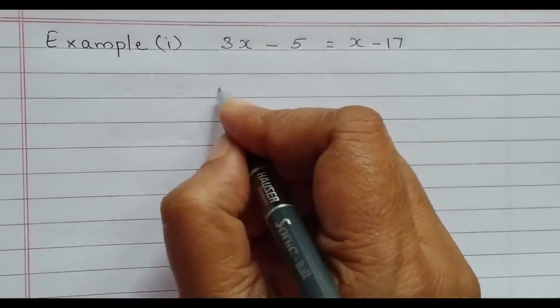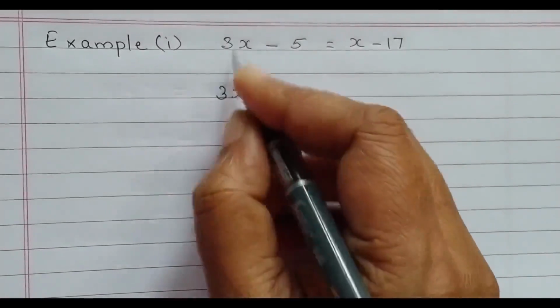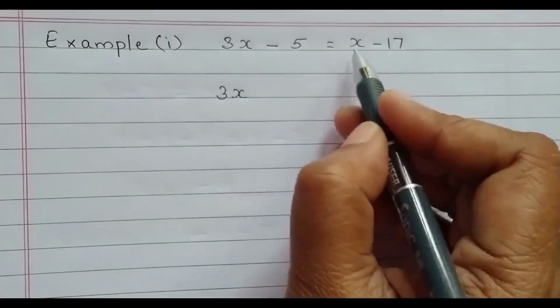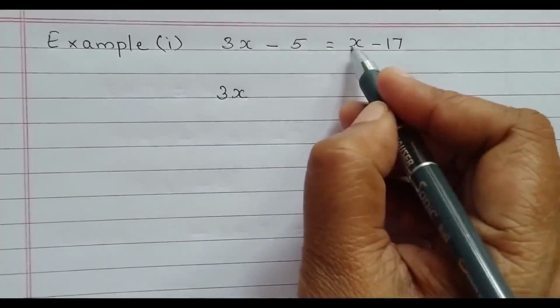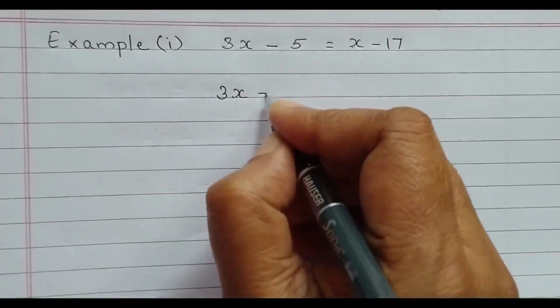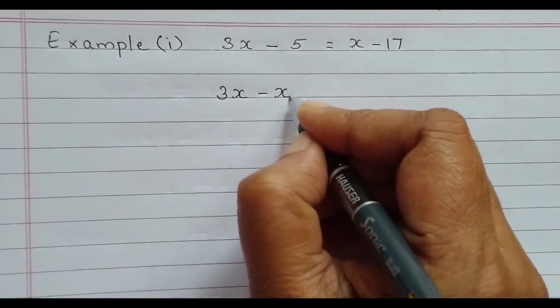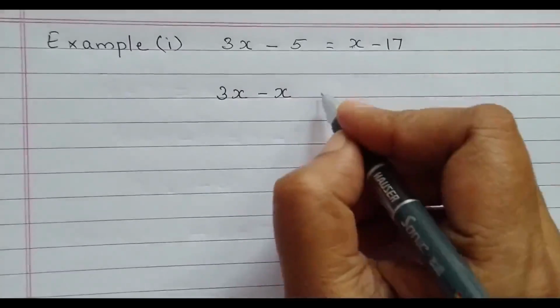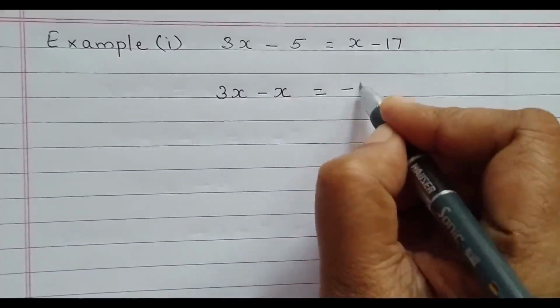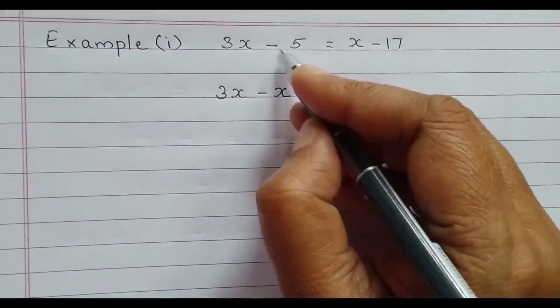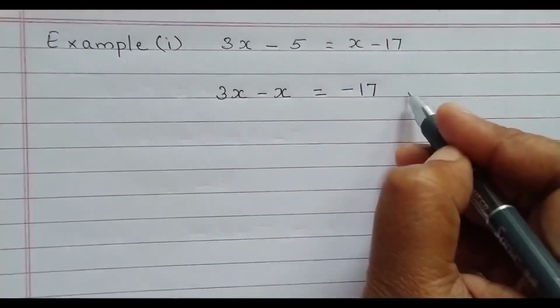So you will have 3x. This remains on the left hand side only, and you are bringing this x term to the left hand side. So this is plus x, so it will be transposed to minus x. And here is equal to, and here the minus 17 remains as it is, and the minus 5 is transposed to the right hand side.